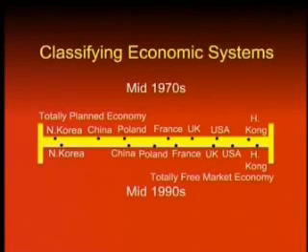This slide gives a very good idea of how different countries have experimented with different economic systems and how they have evolved over time. Broadly, the conclusion from this slide is that there has been an increasing preference for the free market economy vis-a-vis the planned economy, mainly because of the criticisms against the planned economy, that the state becomes corrupt and is slow to respond to changes in economic circumstances.